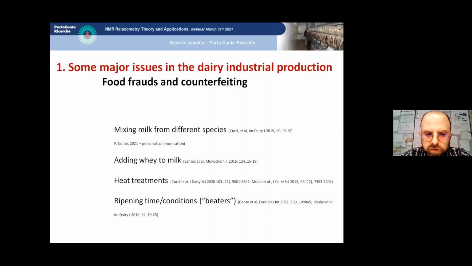Many controls on ripening times are based on documents, again, and sometimes they are left to the evaluation of experts that, by beating with a hammer and moving the cheese wheels, and by looking at them, classify the products in a rating system that has nothing to do with analytical measurements, but is only based on human experience.